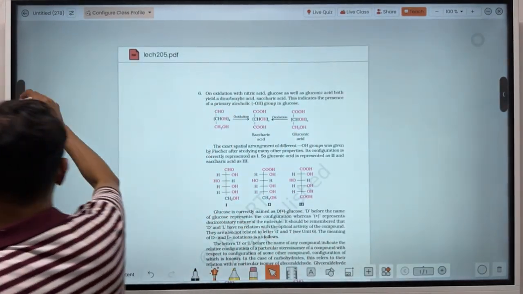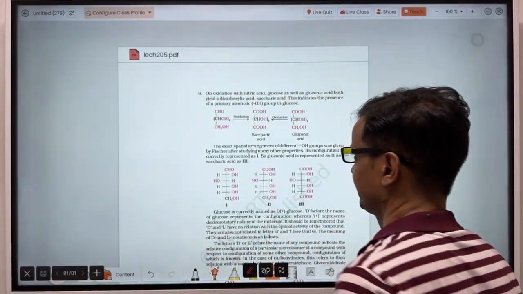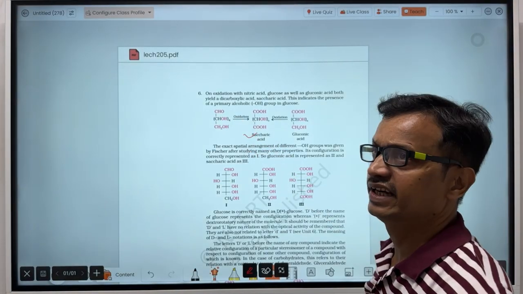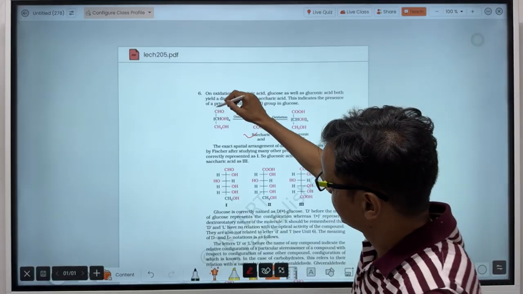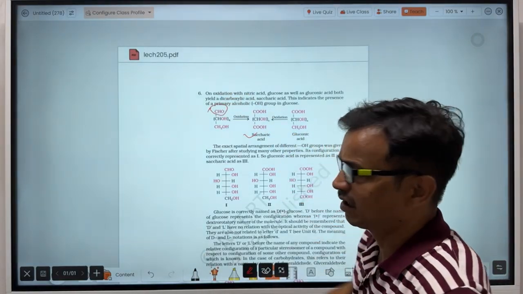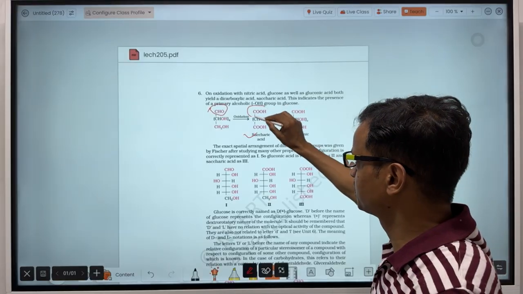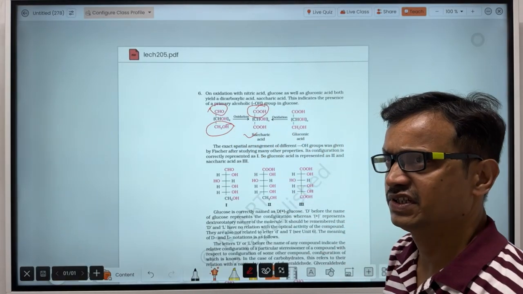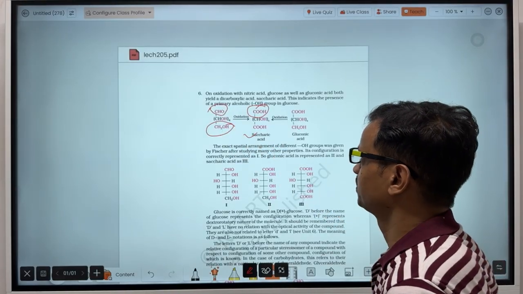when glucose is oxidized, there is formation of saccharic acid. Hence, the CHO group at the terminal end gets oxidized into COOH, and the terminal carbon atom is also oxidized into a COOH group.